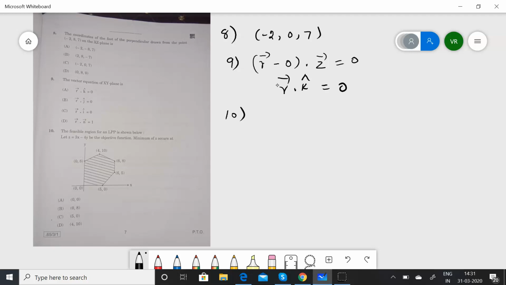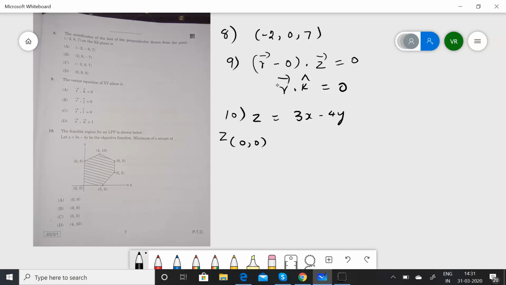Now coming to the 10th one. The feasible region for an LPP is as shown below. Given z is equal to 3x minus 4y as the objective function, the minimum value occurs at. Okay, now let's substitute the points. The first point is (0, 0).